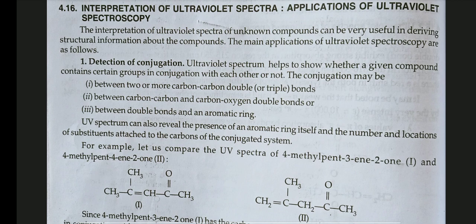The conjugation may be between two or more carbon-carbon double bonds, between carbon-carbon and carbon-oxygen double bonds, between a double bond and an aromatic ring. UV spectrum can also reveal the presence of an aromatic ring itself and the number of locations of substituents attached to carbon of the conjugated system.